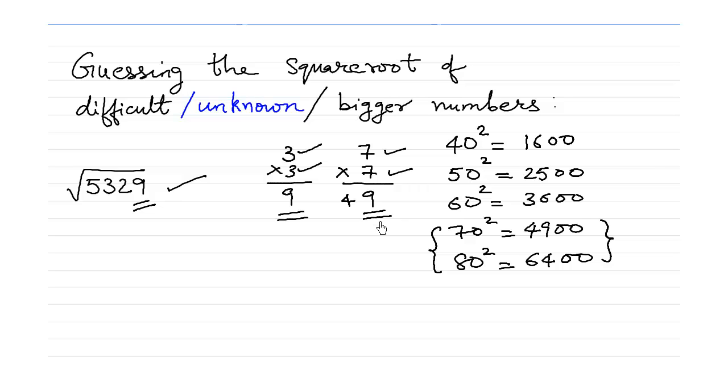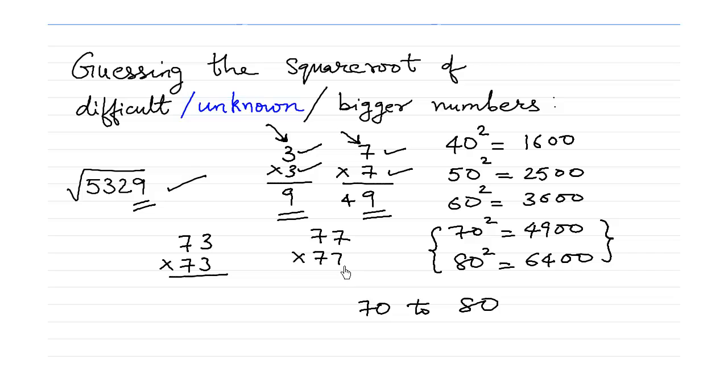So the first thing we know is that this number lies between 70 and 80, and the last digit could either be 3 or 7, because the last digit here is 9 and we assume this is a perfect square. So either 73 times 73, meaning 73 squared, is 5329, or 77 times 77 could be 5329.